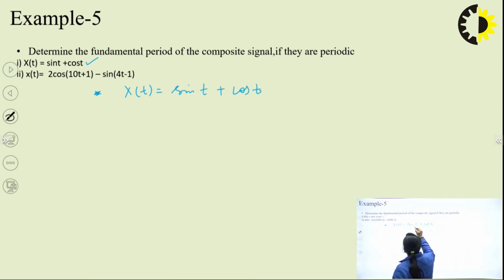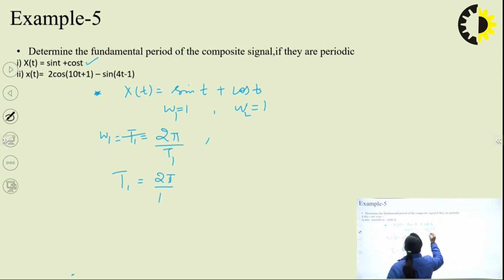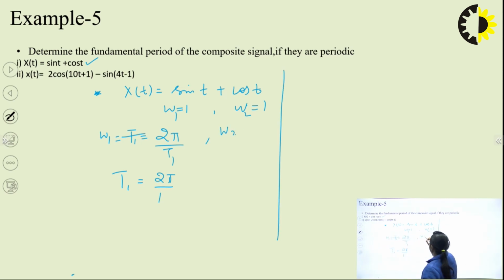Here omega 1 is equal to 1, and here omega 2 is also 1. We know omega equals 2 pi by T, so T1 will be 2 pi by 1, and similarly T2 will be 2 pi by 1, that means 2 pi.